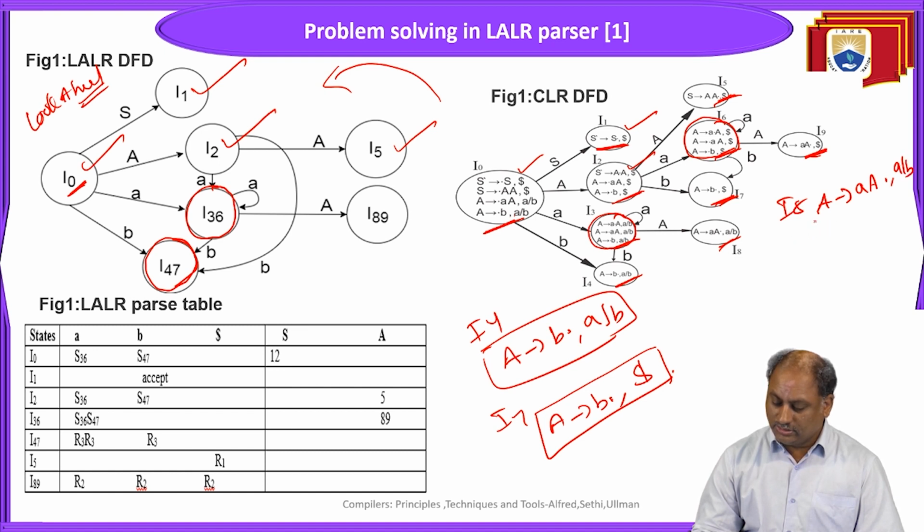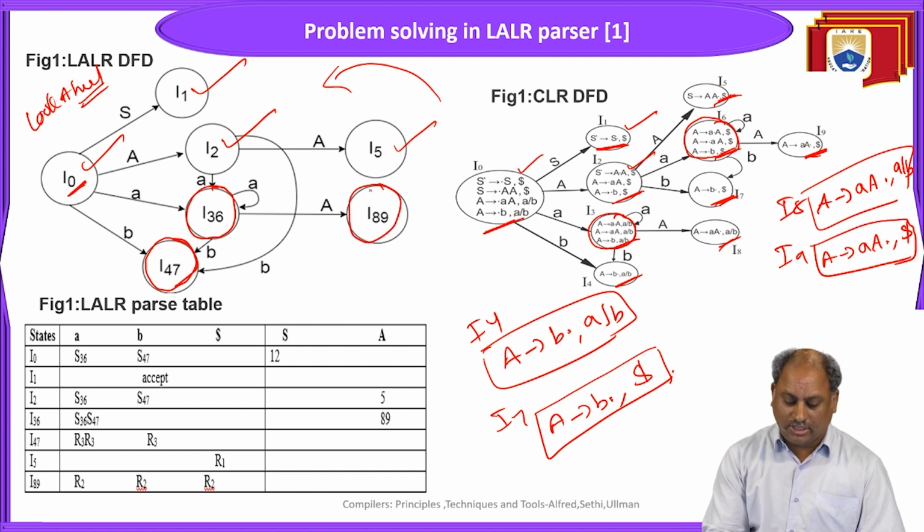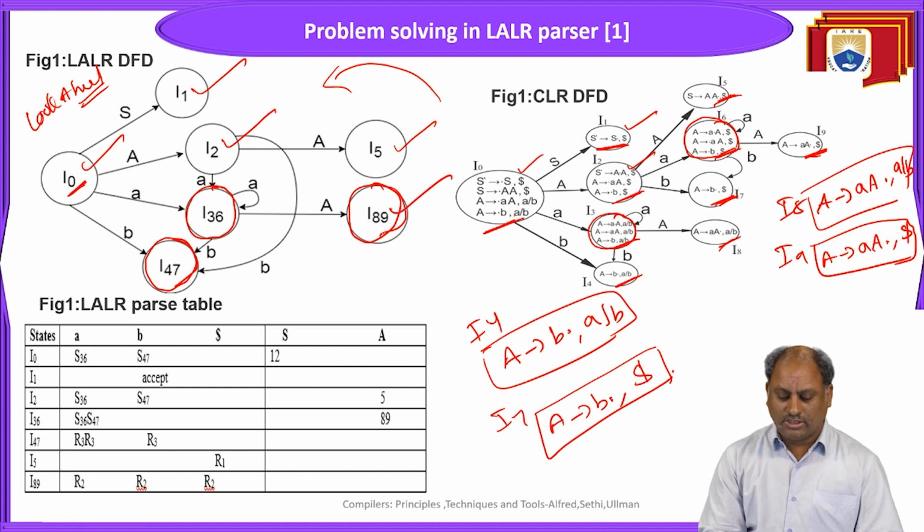I9 is also a state which contains the rule A derives small a capital A dot, and the look-ahead is dollar. So now we are going to combine these two states, I8, 9, because the look-aheads are different and the rules are the same. There are no further rules, so the remaining process is the same for combining.